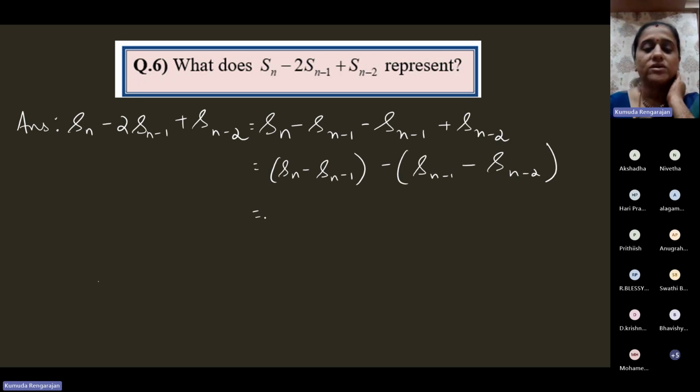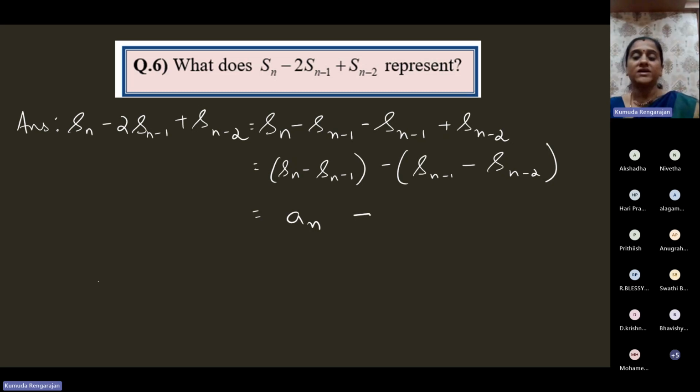Okay, so what is Sn? Sn is A1 plus A2, so on till An. Let me just complete this answer and then explain that. So Sn minus Sn minus 1 is An.